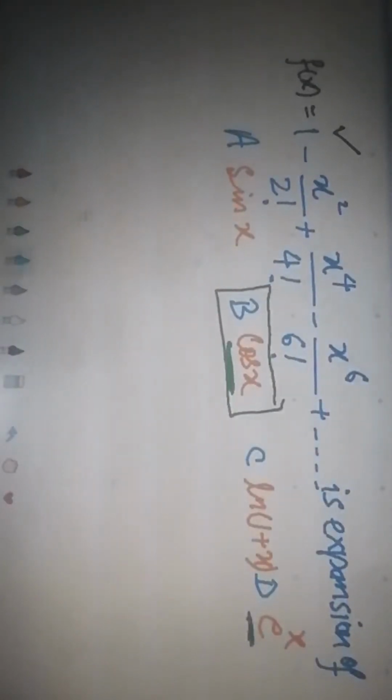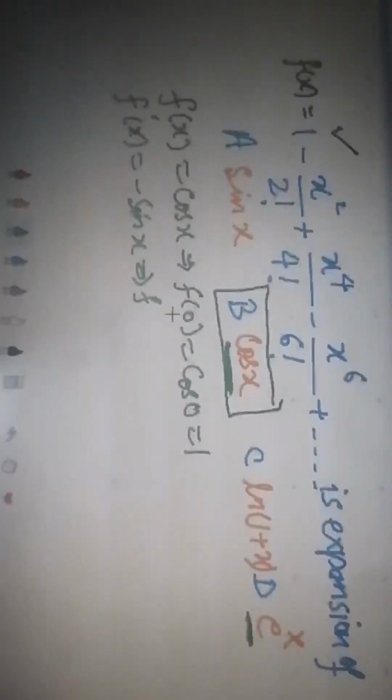How can we verify? Look at it. f of x is cos x. If we evaluate it at 0, cos 0 is 1. That is the first value. f prime of x, its derivative, is minus sine x.